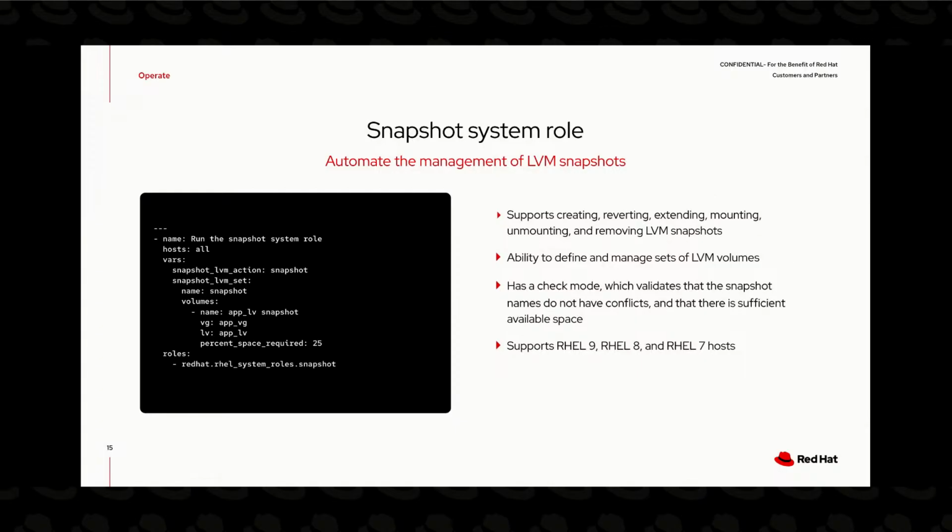And then the last part down there, the percentage space required: we can only perform this snapshot if there's 25% of free space available to perform the snapshot. If we have less than that, then we're not going to perform the snapshot. So it allows you to do some customization and some error checking before you perform the snapshot or try to access the snapshot.